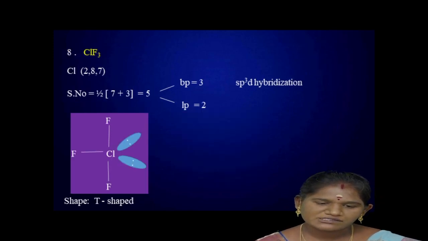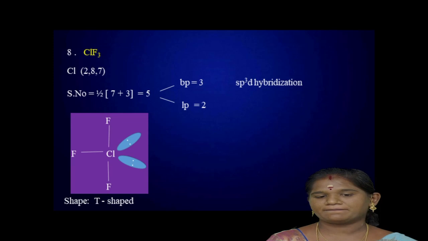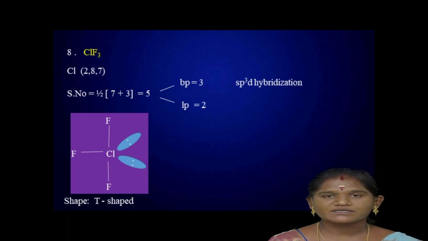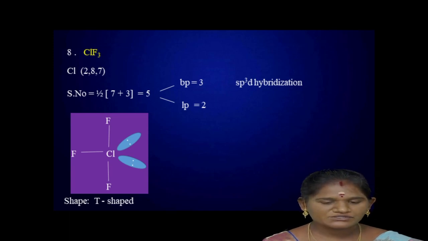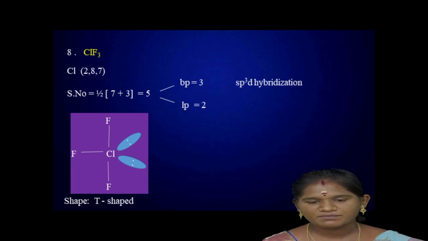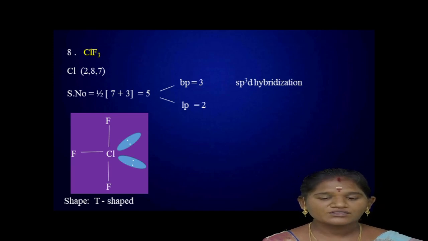Okay, so the next molecule is ClF3. The central atom is chlorine. The electronic configuration is 2, 8, 7. The steric number is equal to half into the valence electrons of chlorine, 7, plus there are 3 fluorine atoms. The steric number is equal to 5. If the steric number is 5, the hybridization will be sp3d.